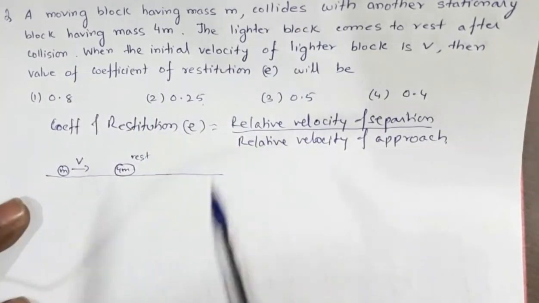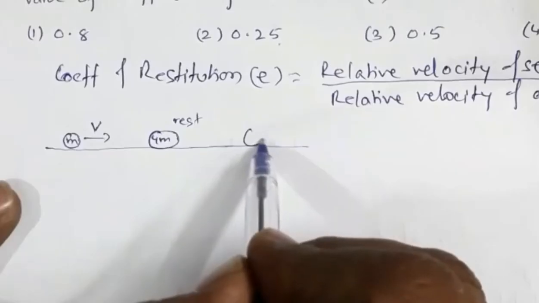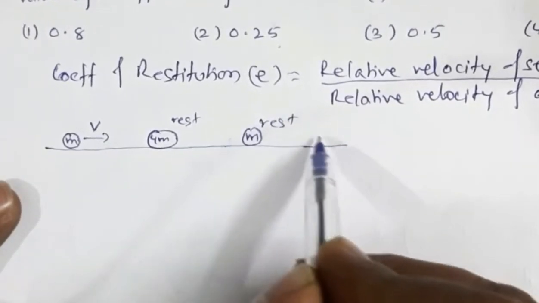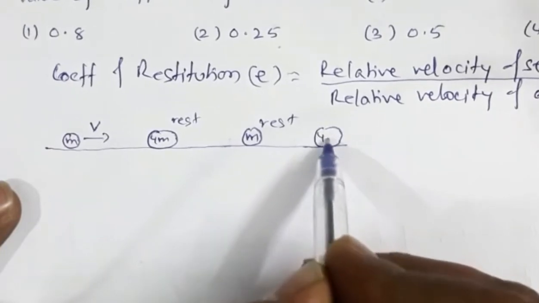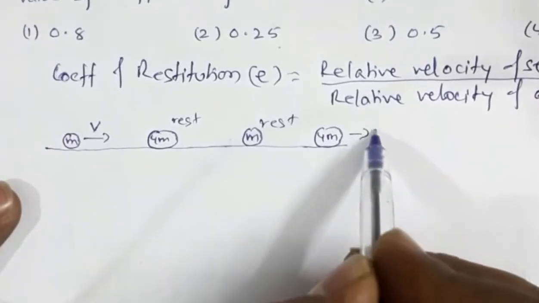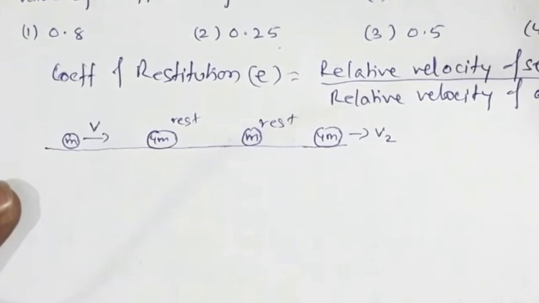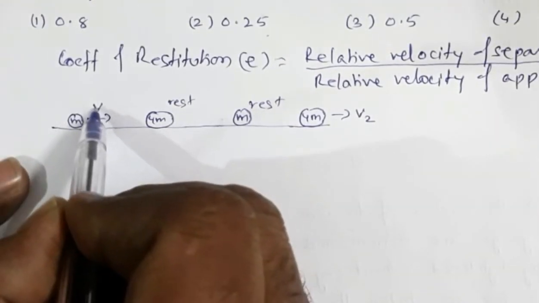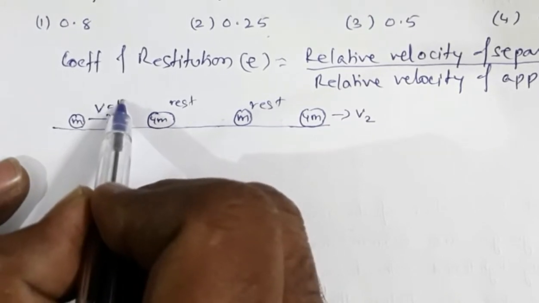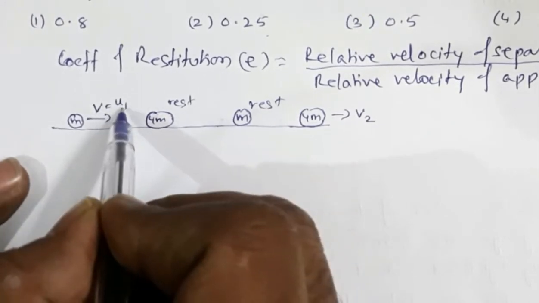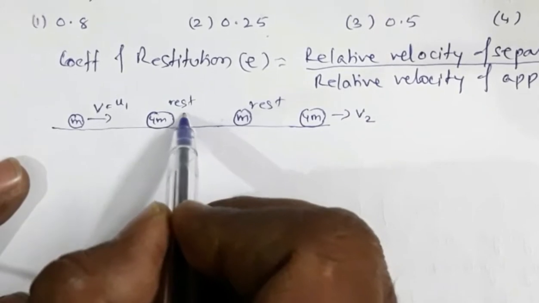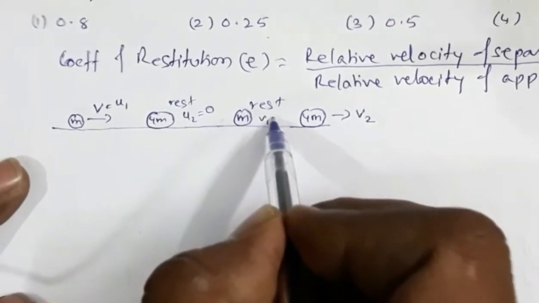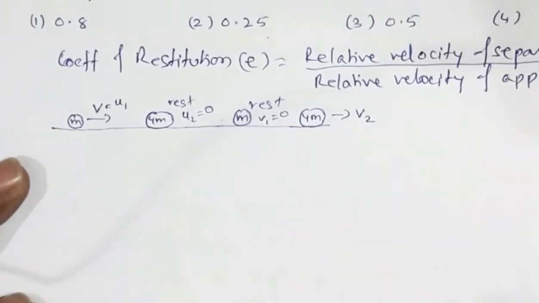So after collision this block is at rest and the block of mass 4m is moving with some velocity v2. Initial velocity of this block is u1, so u1 is v, this is u2, it is 0, and v1 is 0, and this is v2.